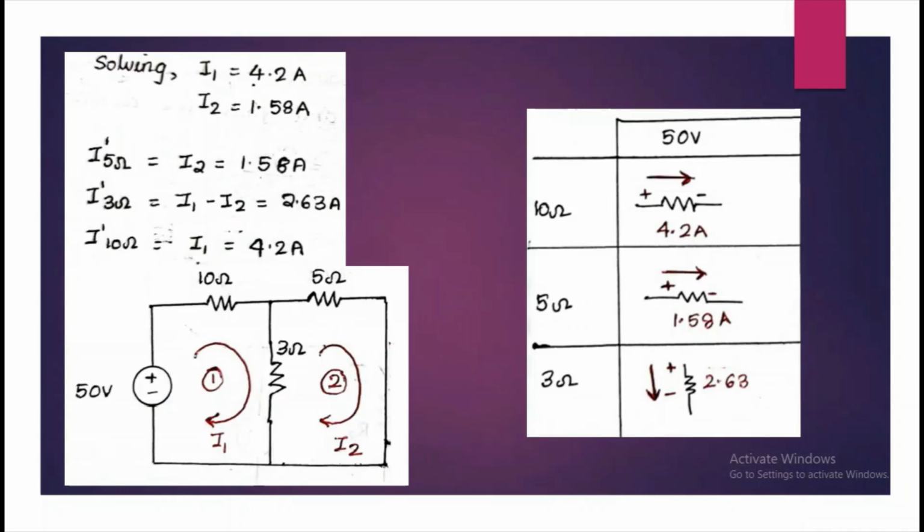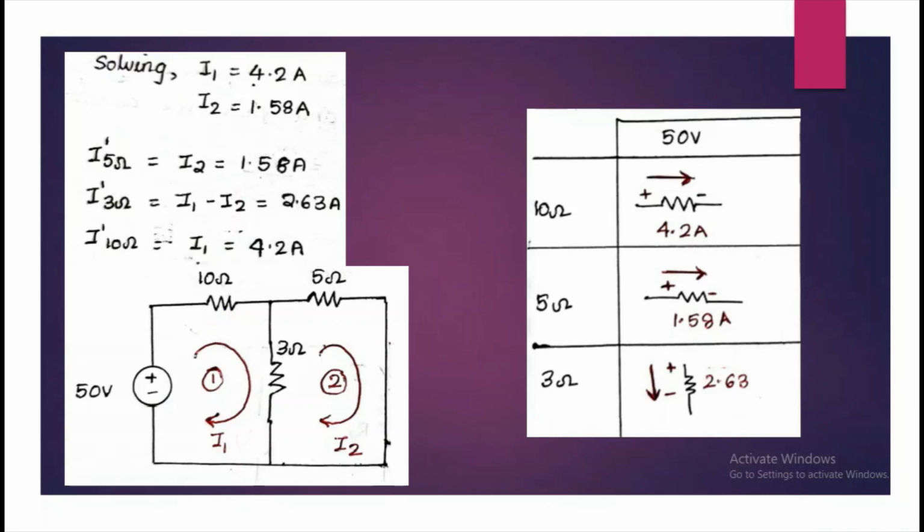The current through 5 ohm is I2, so it is 1.58 ampere, and in the same direction that we assumed, that is left to right. Similarly, the current through the 10 ohm is I1, which is equal to 4.2 ampere. Since it is positive, it is in the same direction we assumed, that is left to right. Then the current through 3 ohm is I1 minus I2.